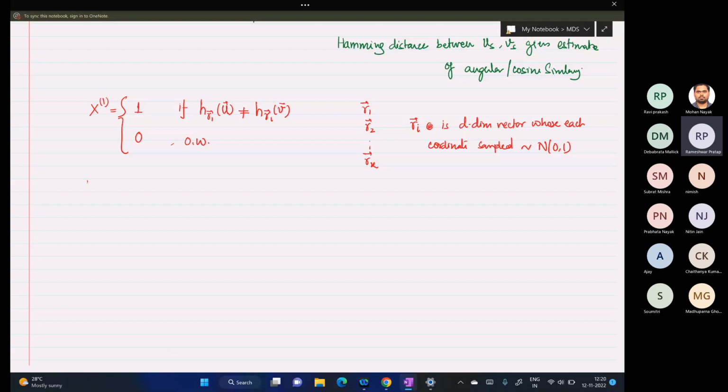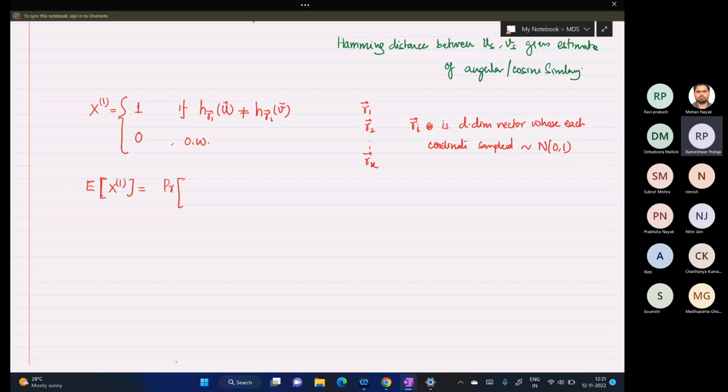So again, what is the expected value of x1? Sorry. The expected value of an indicator random variable is the probability of the corresponding event it is capturing. So when you need to calculate the expected value of an indicator random variable, see what event it is capturing and what the probability is that it will take a non-zero value.